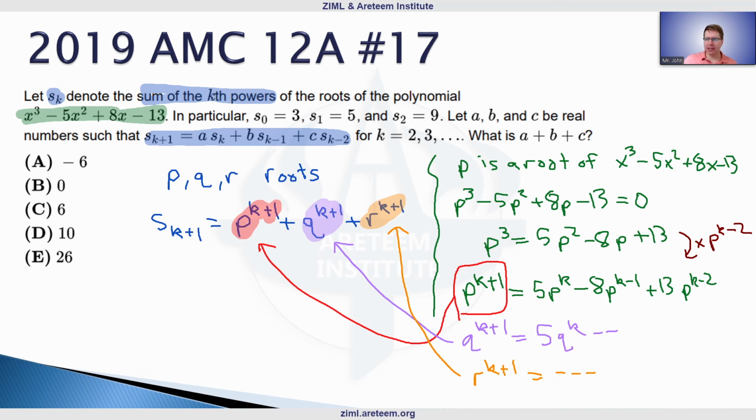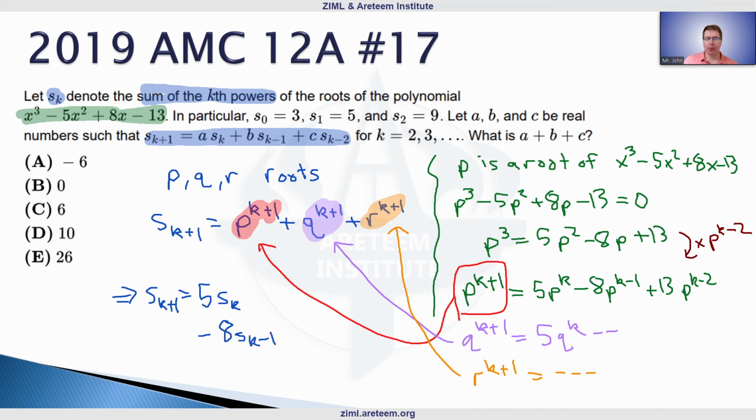And notice that what this gives us is that S sub k plus 1 is what? Well, we have 5p to the k, 5q to the k, 5r to the k. That's just 5 S sub k. Then if we do the same thing for the k minus 1 power, we get minus 8 S sub k minus 1.